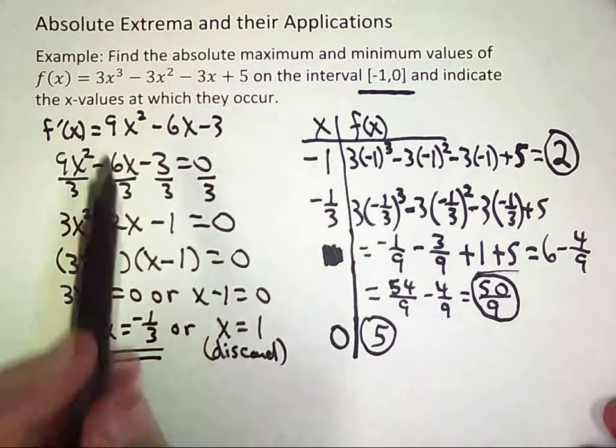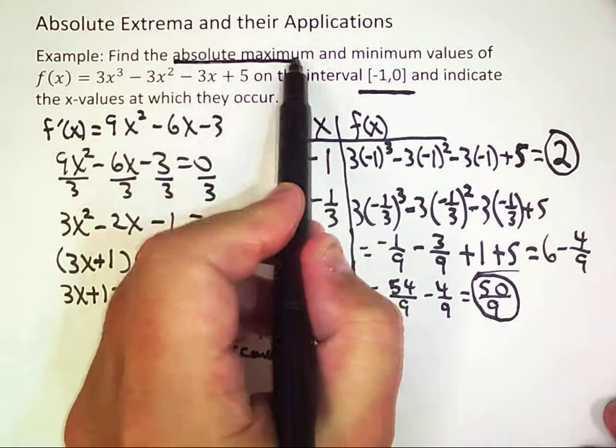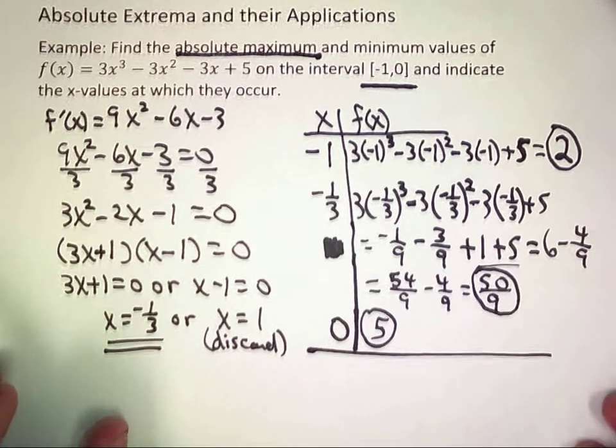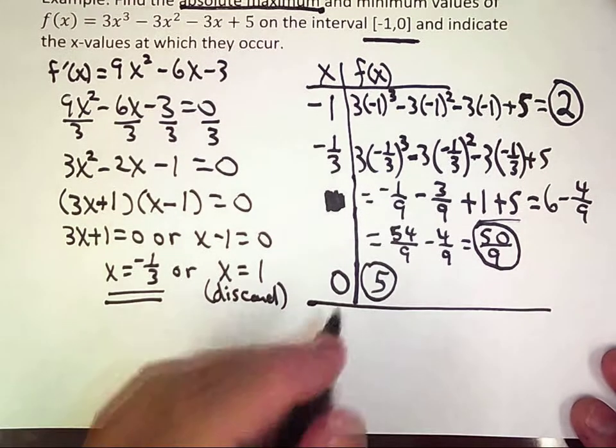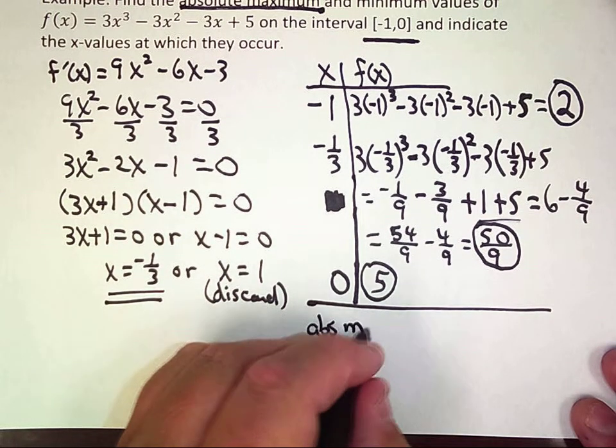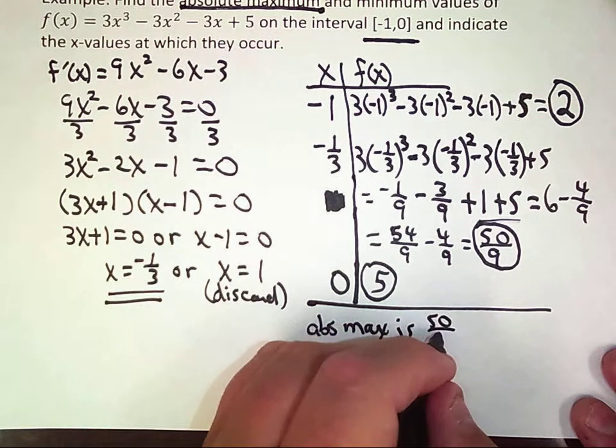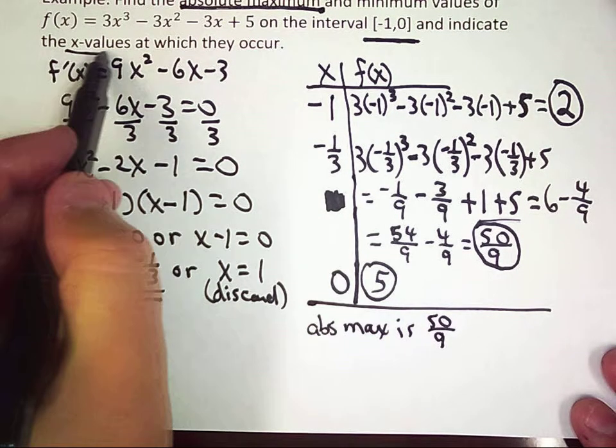So that means that the absolute maximum is 59 ninths, and it also says where it occurs.